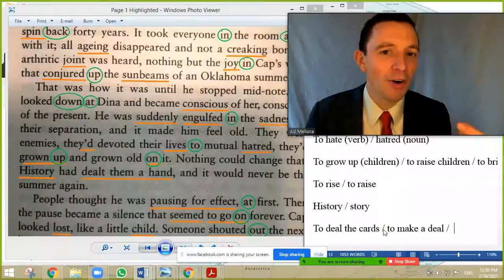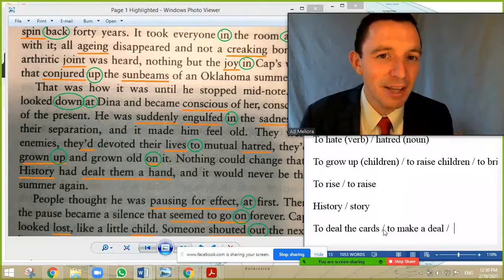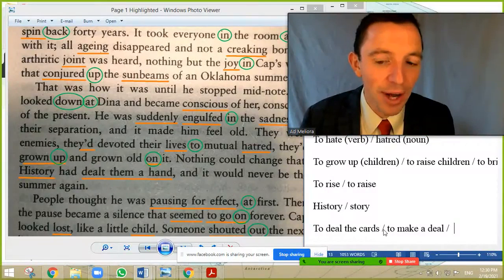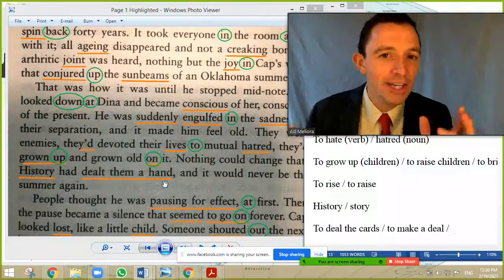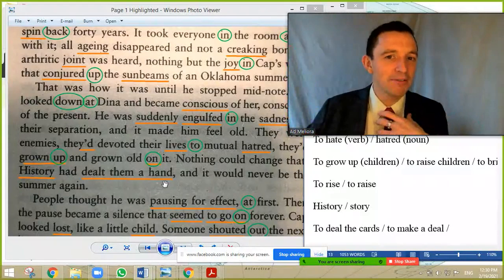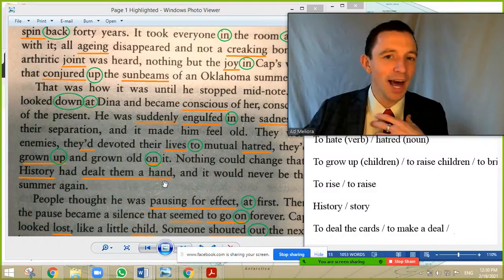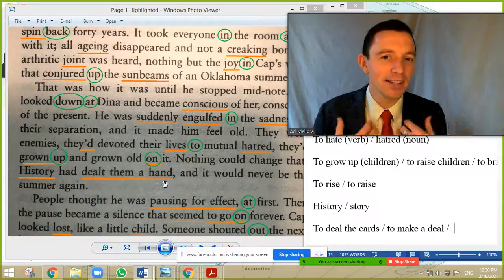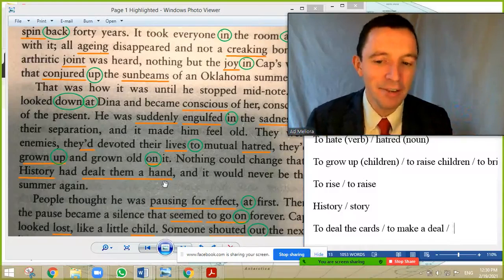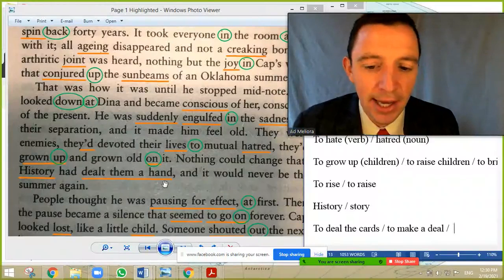It's a metaphor for you received a bad action or bad conditions, okay? And here, history had dealt them a hand. So history, it's not their action, it's because of the economy, because of what happened. That situation gave them the context, or their current situation. It's a difficult expression, but it is very common, okay?